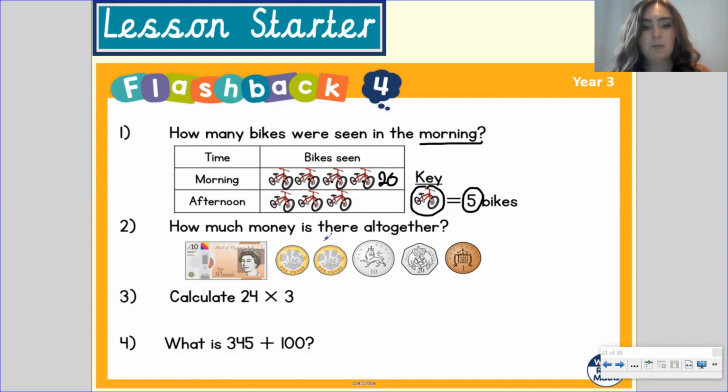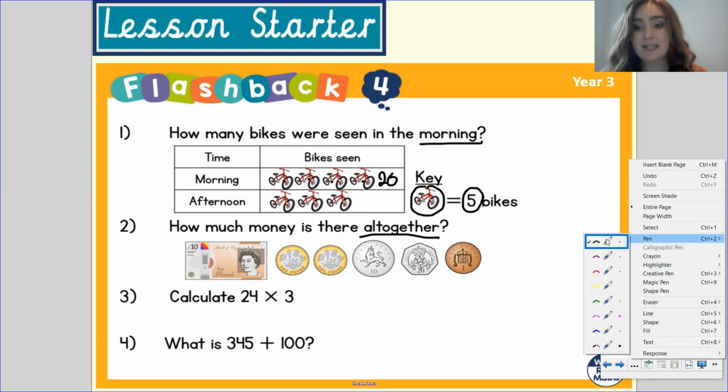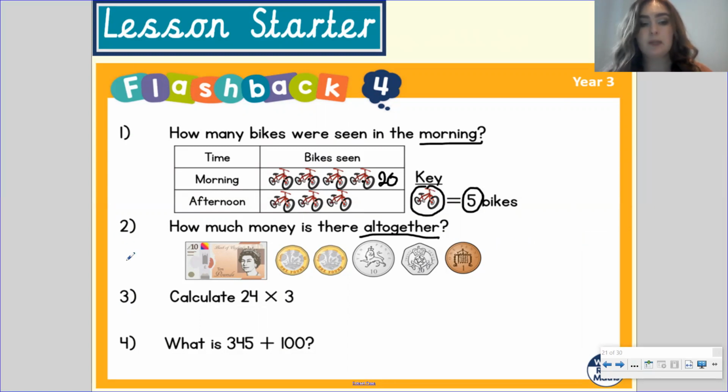Number 2, how much money is there altogether? Now that altogether means we are going to be looking for the price of it all. So we're going to be adding it together. So let's have a look. We've got a £10 note, £1 coin, £1 coin, 10 pence, 20 pence, and 1 pence.